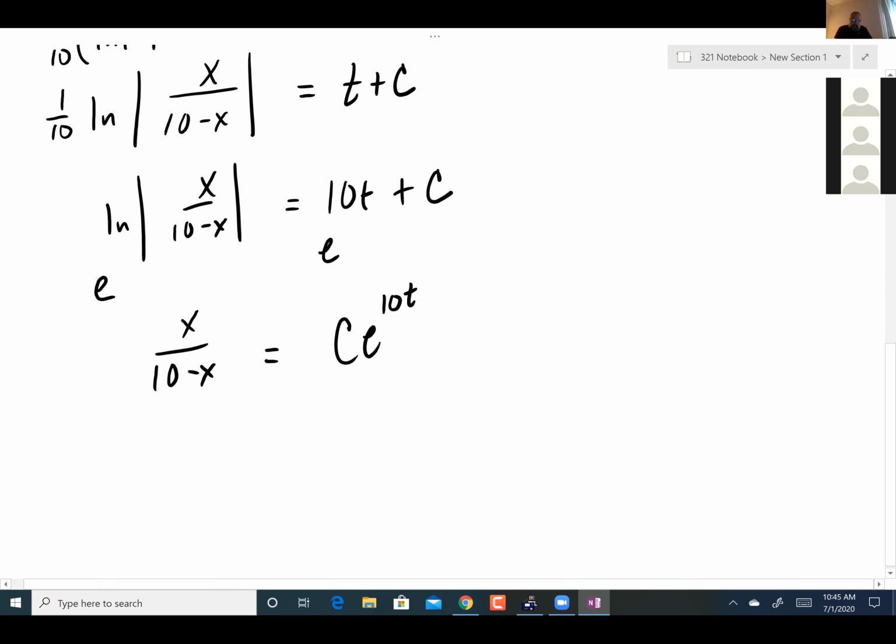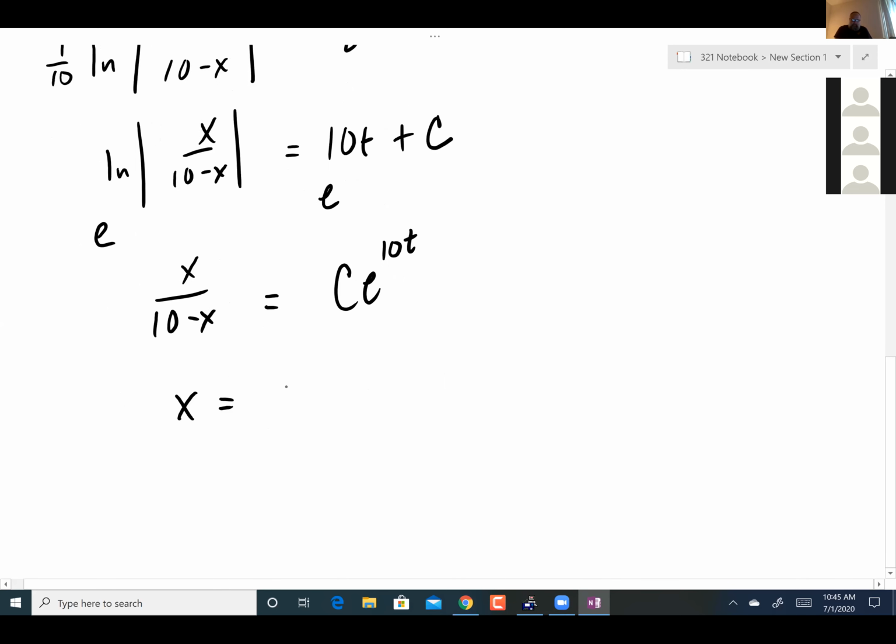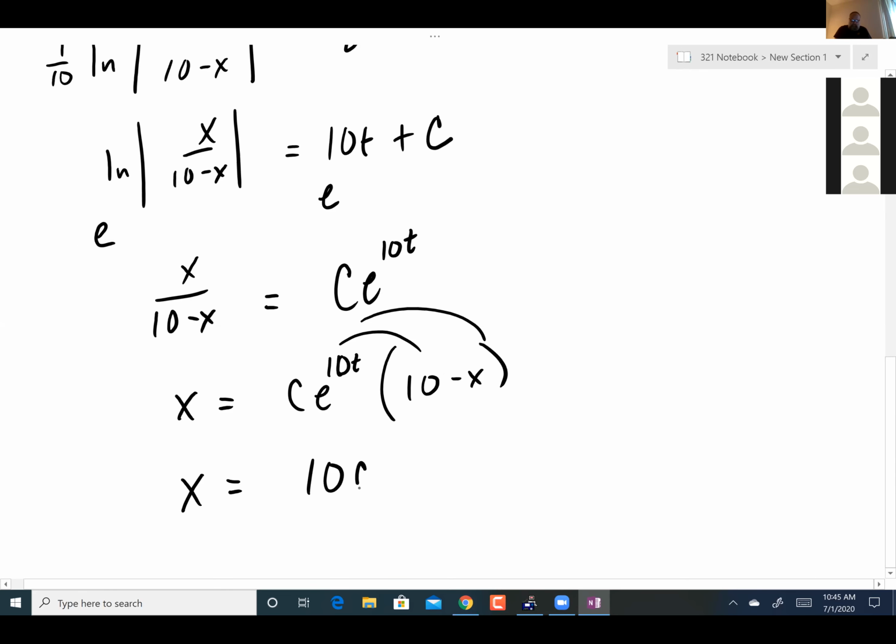And then now we get to play a little bit of gamesmanship here. So c e to the 10t times 10 minus x. We'll distribute. Ten c e to the 10t minus c e to the 10t times x.